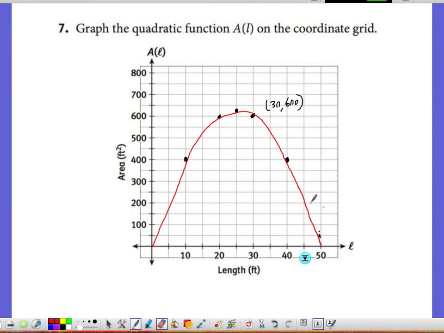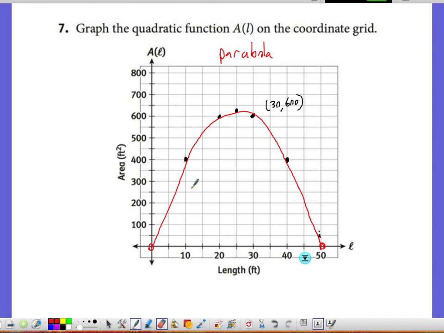There we go. Close enough. Now, what shape does this look like? It looks like a parabola, which is the shape of a quadratic function. Technically, it's a curve, not a shape. So what does this curve look like? It looks like a parabola.